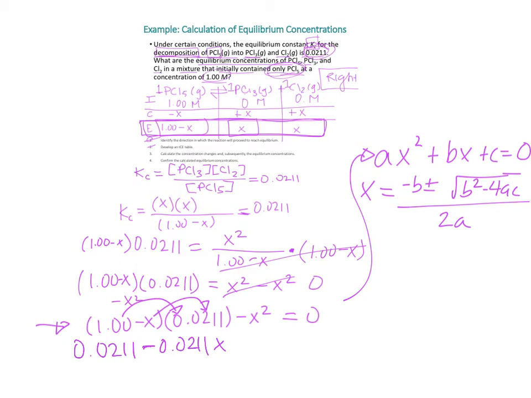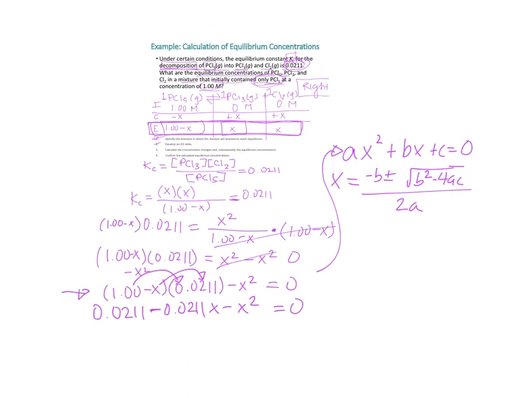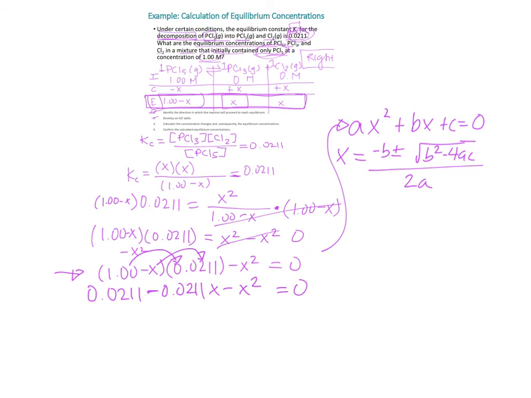And then that's FOILed out. We don't have to put anything in parentheses anymore. Minus x squared equals 0. We can rearrange this again, like I said, to get that quadratic formula form. So we are going to put minus x squared, and then we are going to include the x part. So we have this portion filled out.